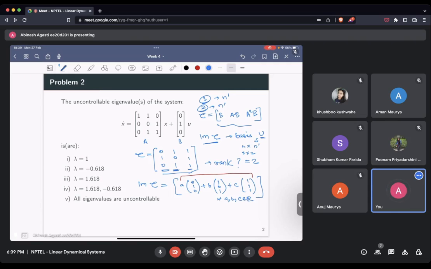Similarly for rows, there are only two linearly independent rows. So tell me what are the linearly independent columns in this matrix?